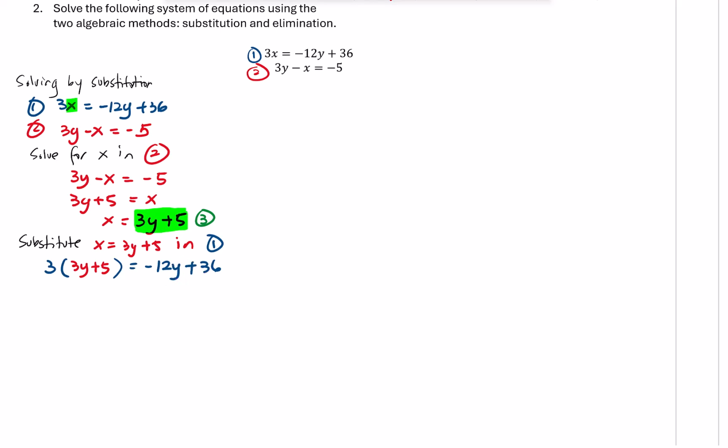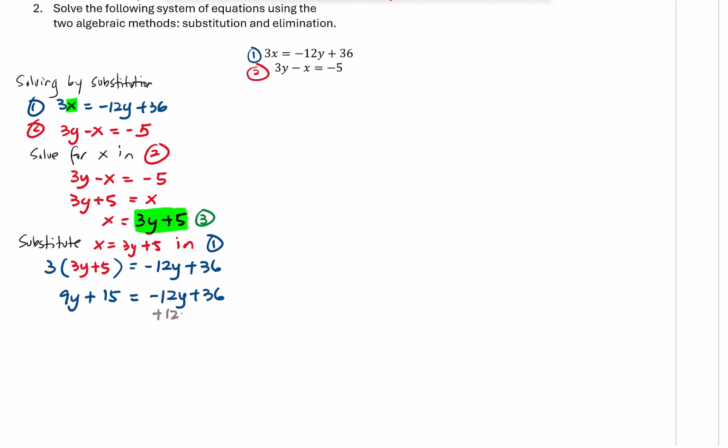As you can see, now we only have one variable which we can solve for. So distributing 3 to 3y plus 5, you have 9y plus 15 equals negative 12y plus 36.